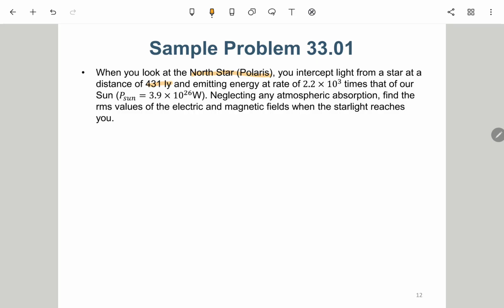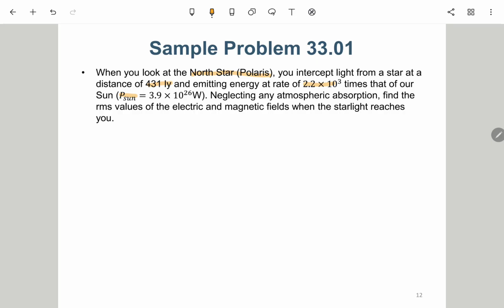And then the star is emitting energy at a rate, which is the power, that is a multiple of P sun. P sun is the power generated by the sun in a single second.